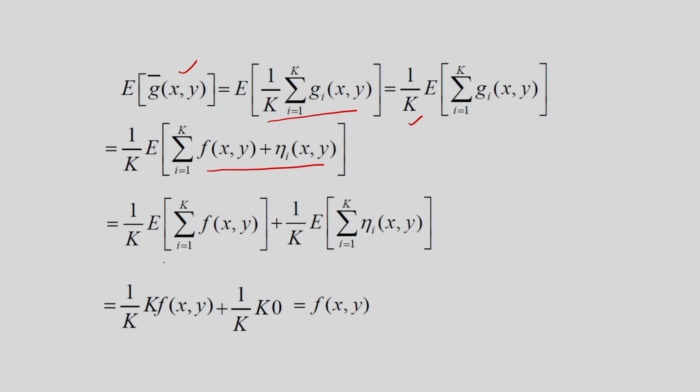And this is separated, the f(x,y) is separated from the noise, and already I have considered the noise has zero mean, so that is why this will be 0 and this value will be k f(x,y). So ultimately I am getting f(x,y). So if I take the average of a number of images, then I am getting f(x,y). What is f(x,y)? f(x,y) is the noiseless image.